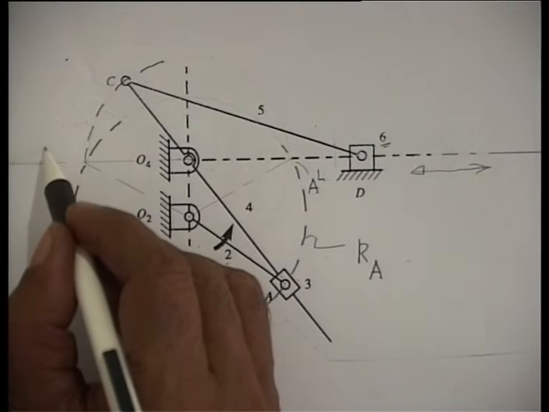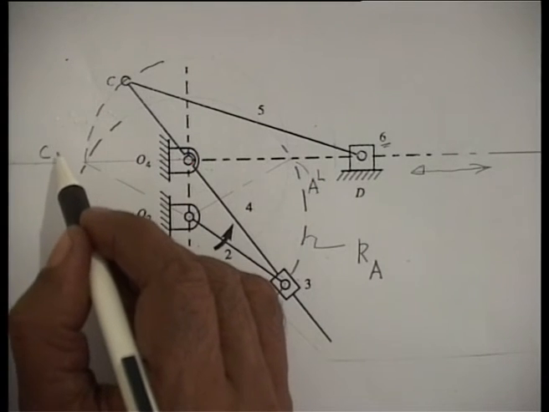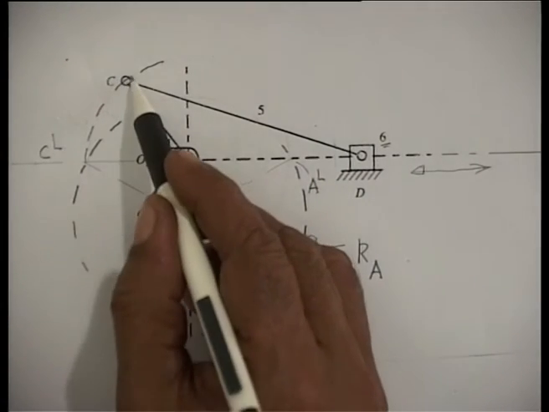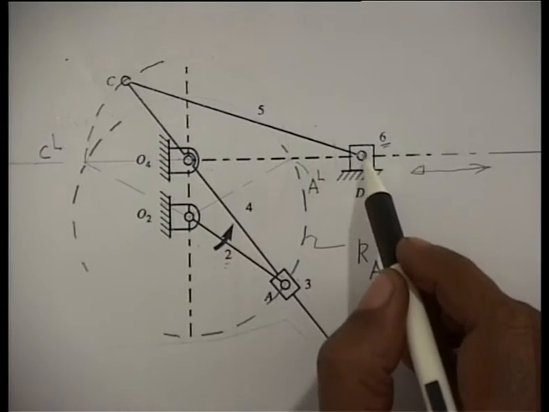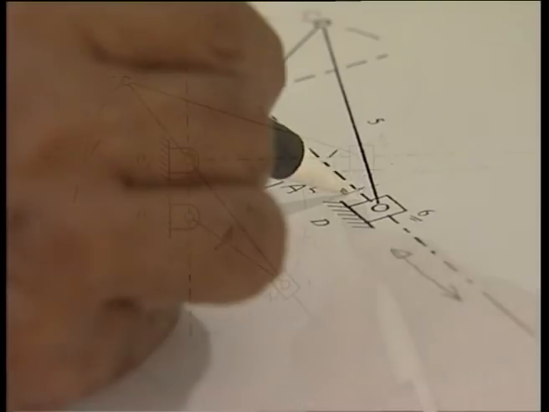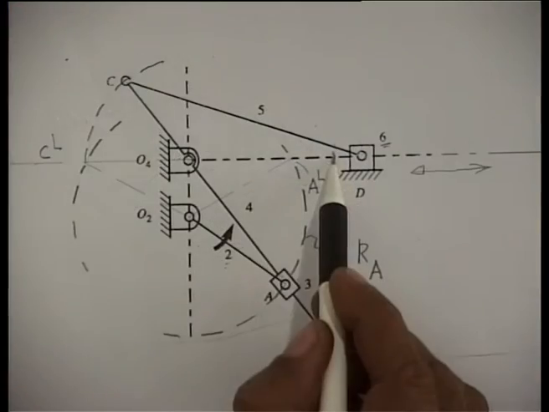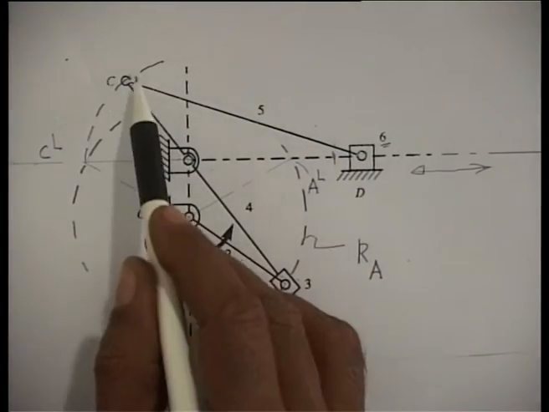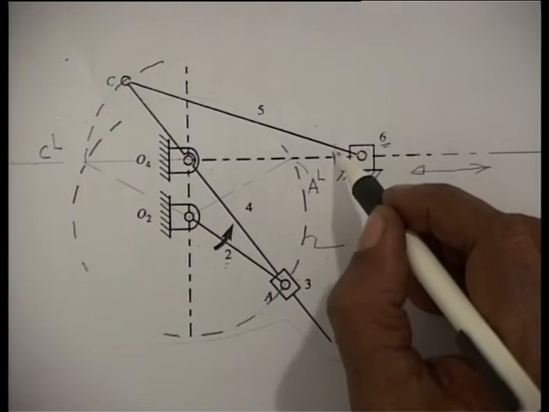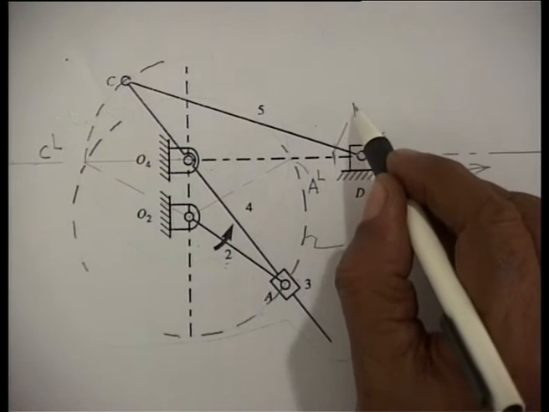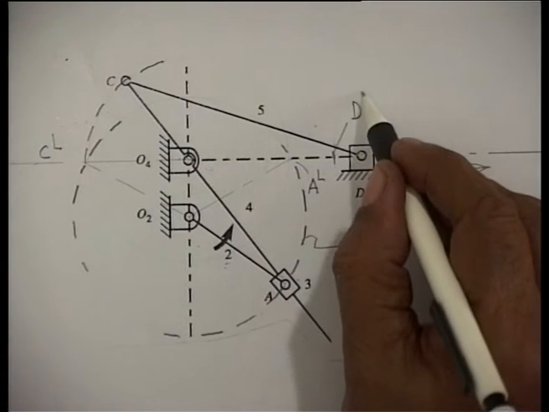So, this point I will call CL, that is the leftmost position of C. Correspondingly, D will move here such that CL/DL is CD, because this link length is also not changing. So, this is the leftmost position of the tool holder, let me call it DL.